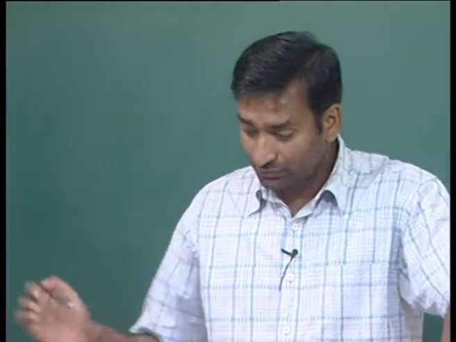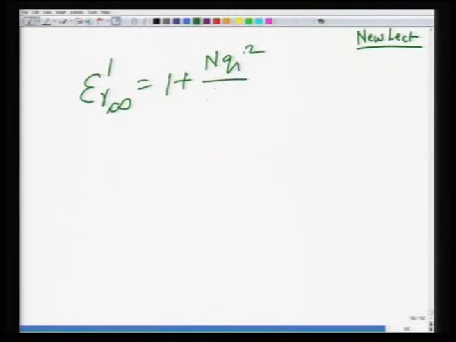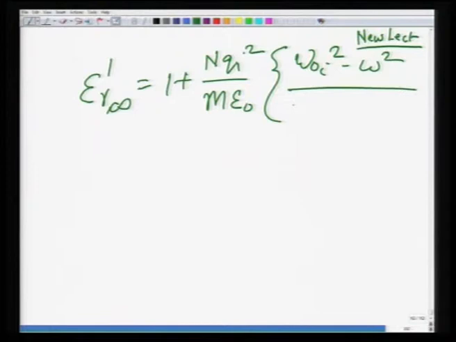So, in this context we looked at, for instance, the dielectric constant, which was N q_i squared divided by m epsilon naught, multiplied by (omega naught i squared minus omega squared) divided by (omega naught i squared minus omega squared, plus omega squared gamma squared).